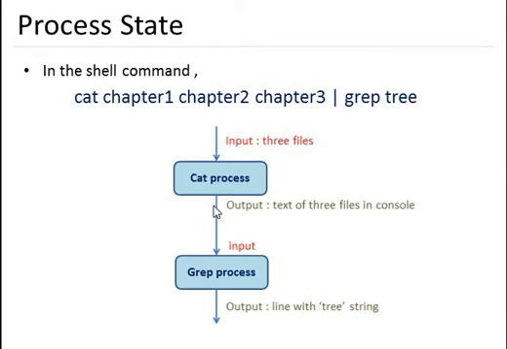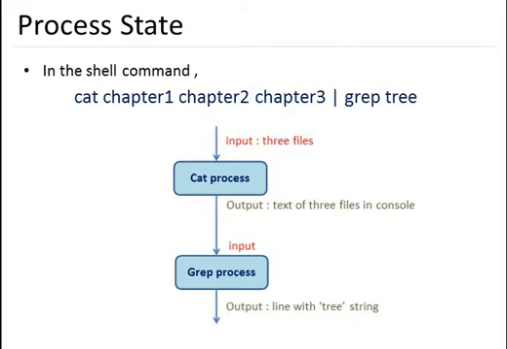But if the speed of the grep process is very high, then what will happen at some time? It may be possible that the cat process has not even started yet, that means output is not generated and the process is still ready. So the grep process will be blocked temporarily until the output of the cat process is ready.